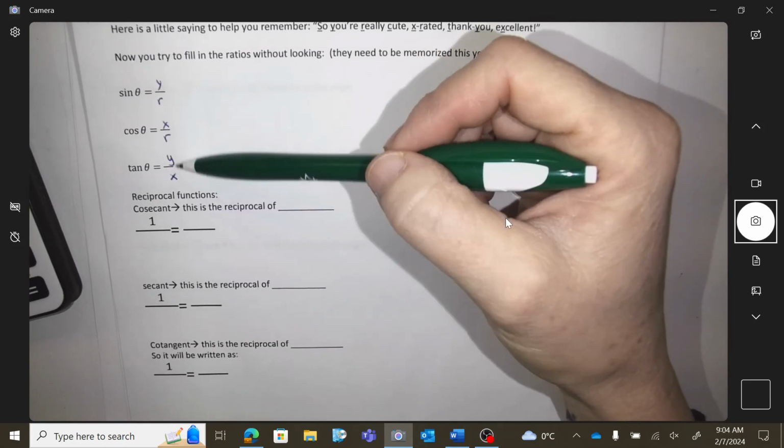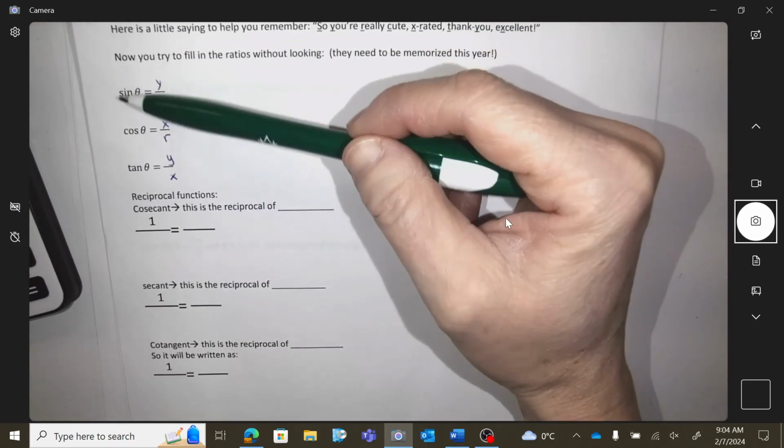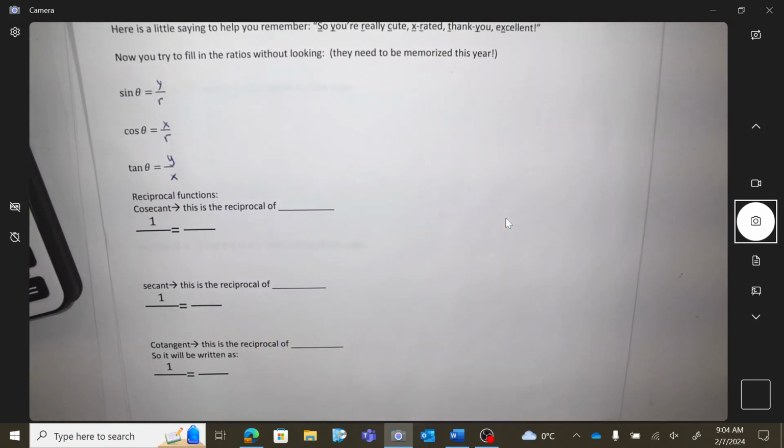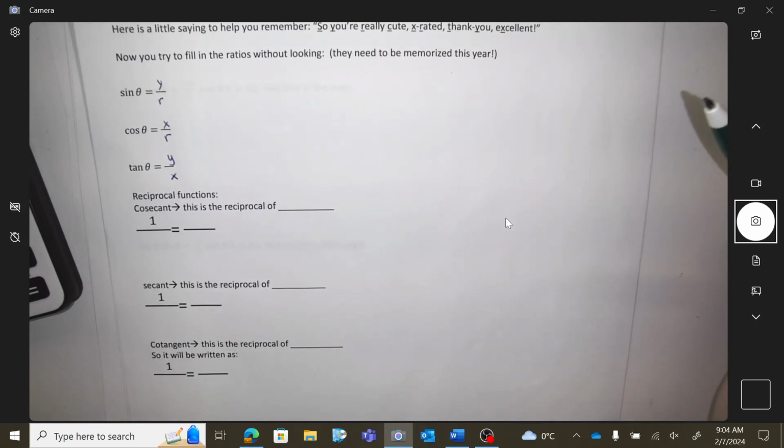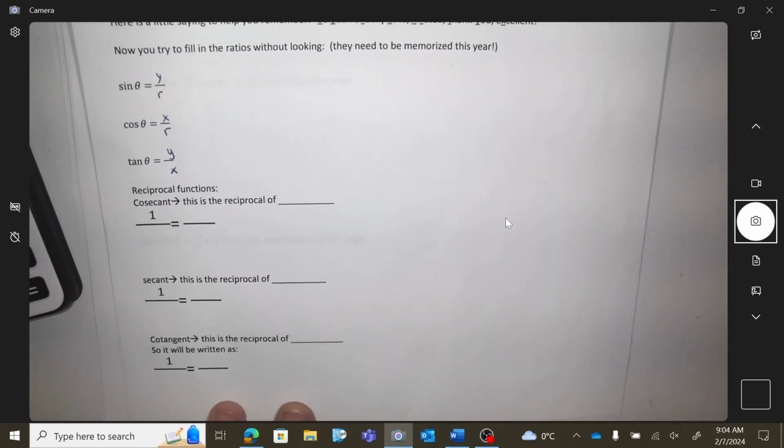Okay, so that is something that you're going to really have to memorize for the year. Not given to you on a formula sheet for your exam. You're going to keep using this so that it will be second nature to you by the end of the year. Okay, so that was grade 11.